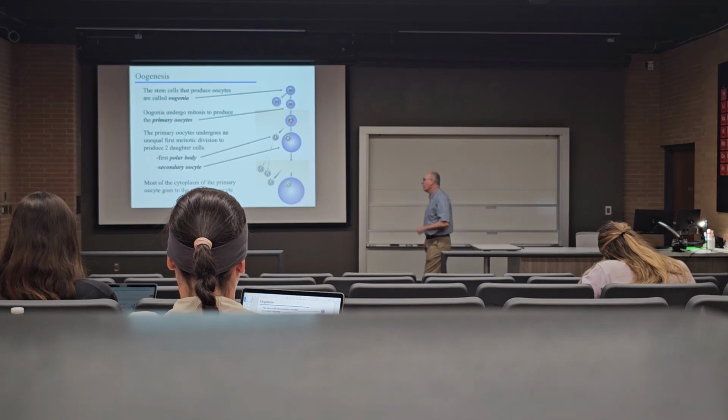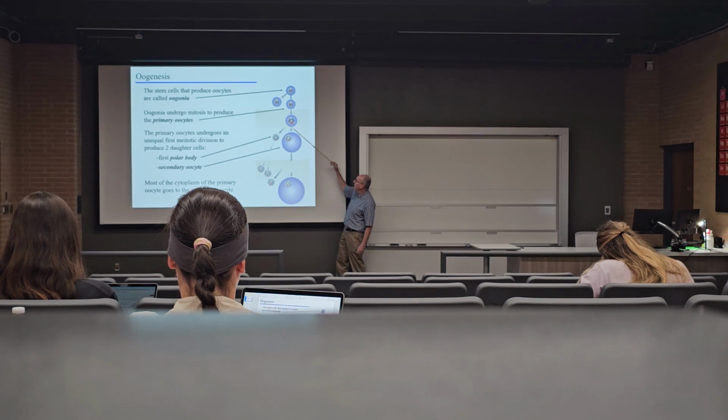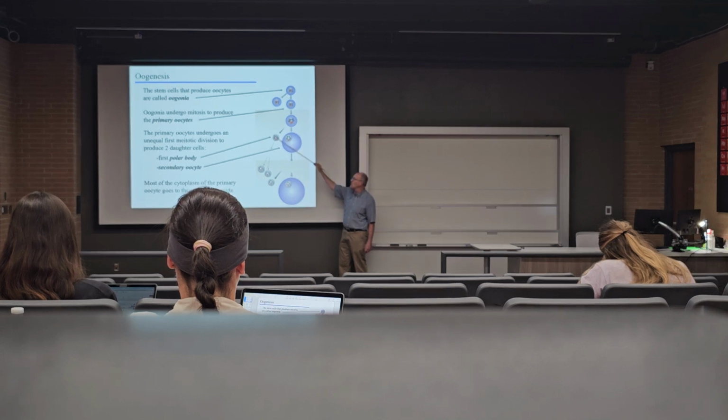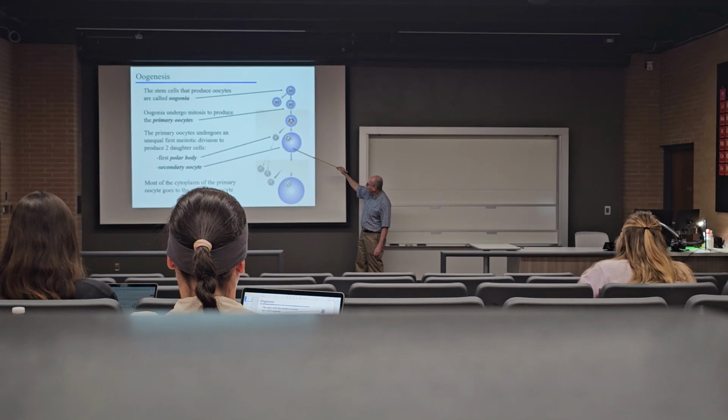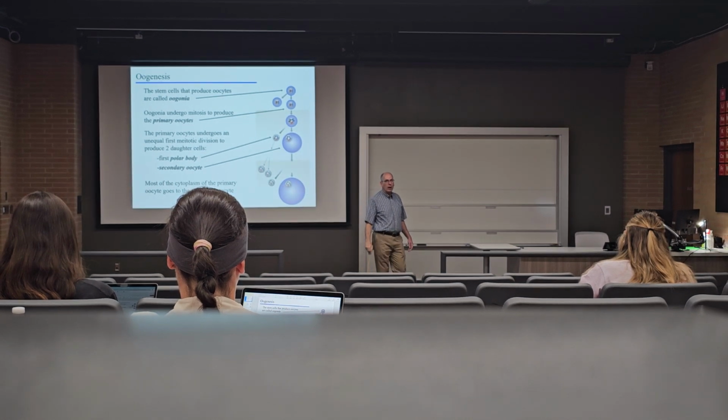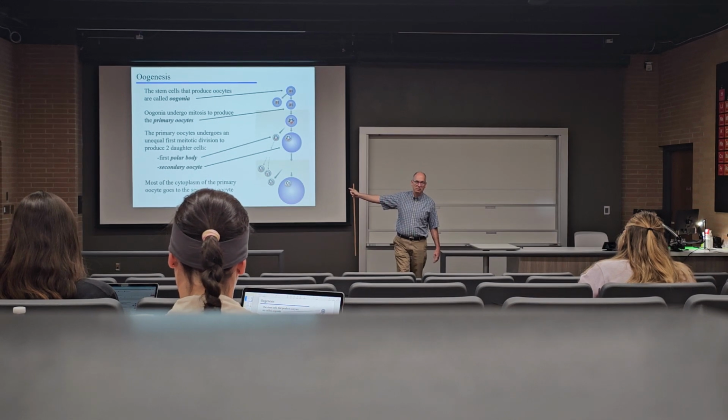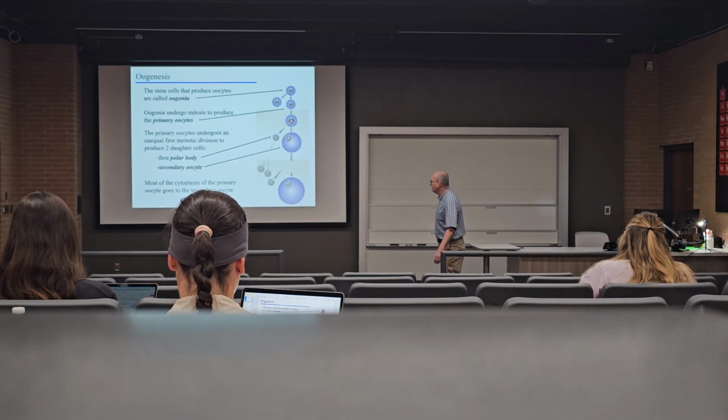We only end up with one secondary oocyte out here, because as we undergo the meiotic divisions, it is very unequal. We expel the first polar body at the end of the first meiotic division. Most of the time, this one will simply die off. It could divide again, but most of the time it just dies off. The second meiotic division then expels another polar body out here. That only occurs if fertilization takes place.